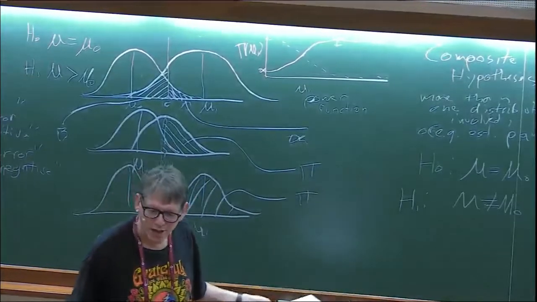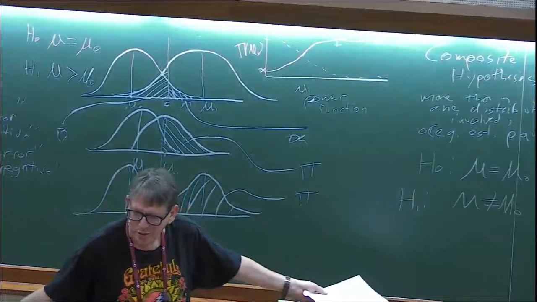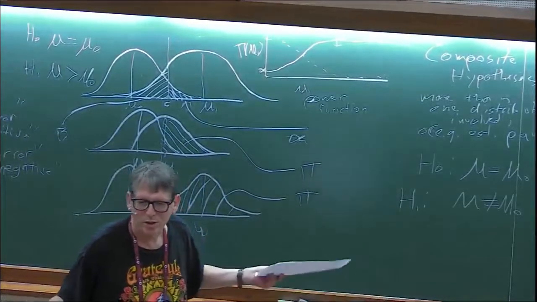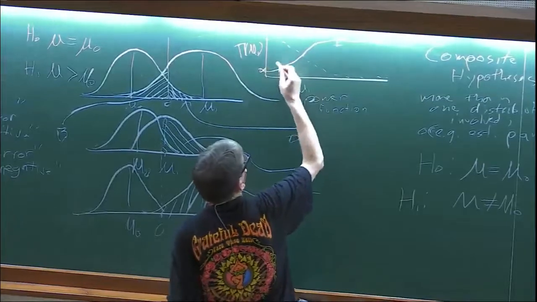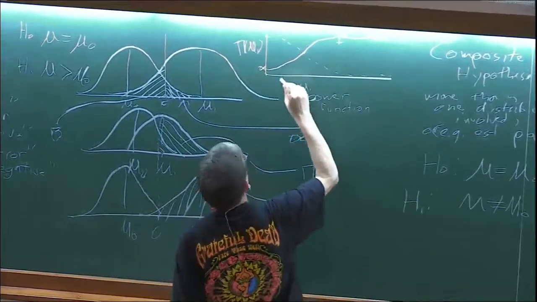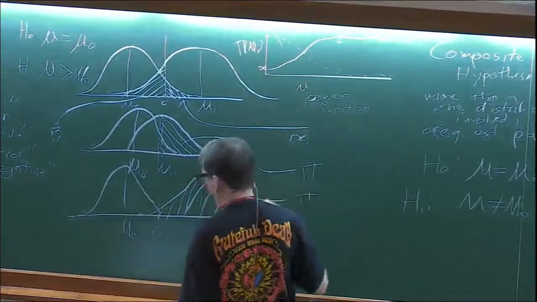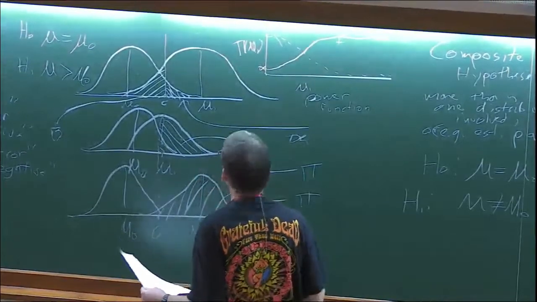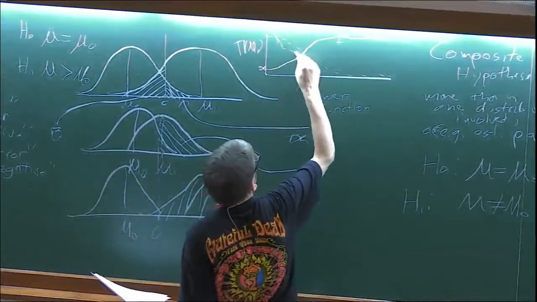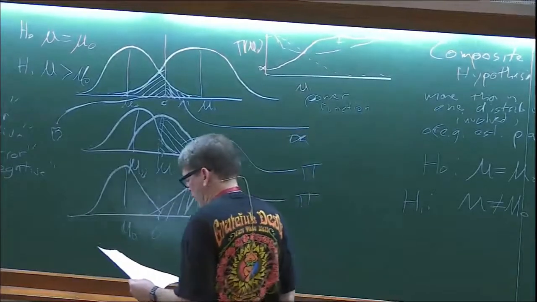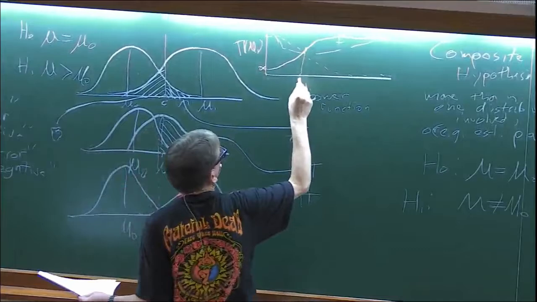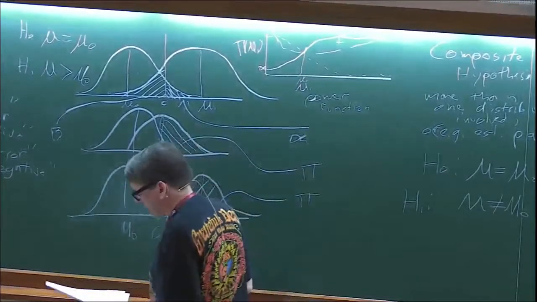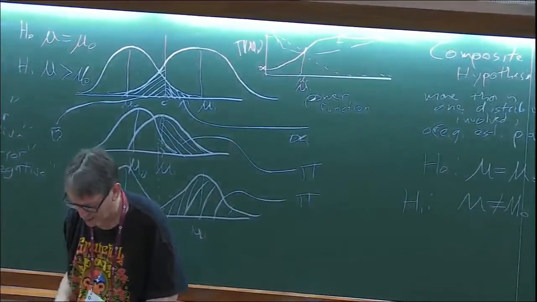You want to know if it's less than mu0, but it could be going in either direction. So you'd have to come up with some sort of compromise, for example the absolute value of the difference. But in either case, mu0 would be about here, and it's not going to be the uniformly most powerful test.